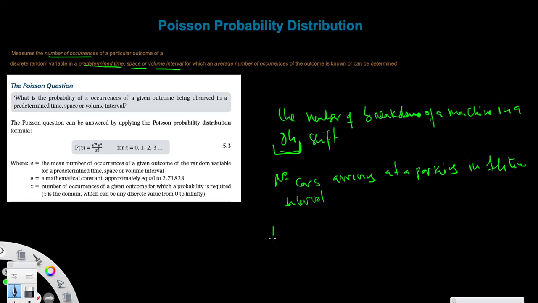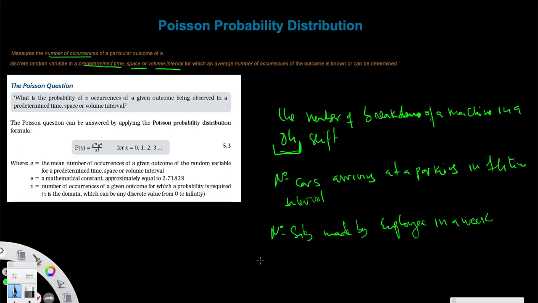Another thing, it has to do with time again. If you're looking at the number of sales that are made by an employee in a week, that could also be an example of what would fit a Poisson distribution.